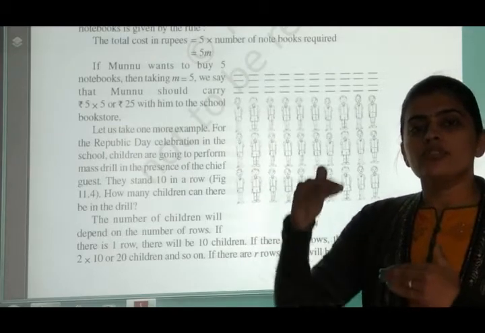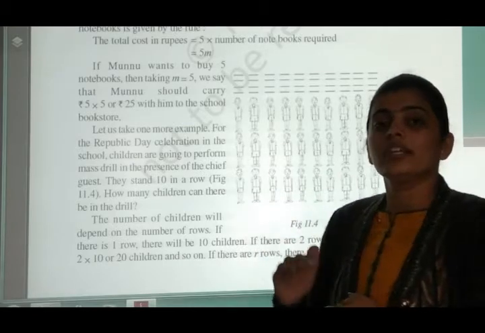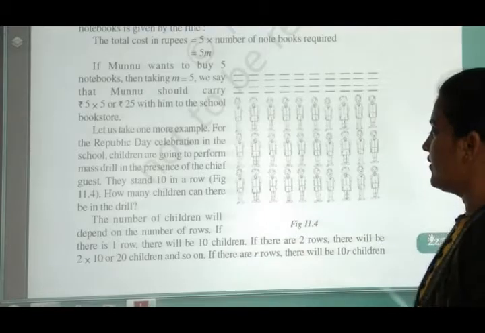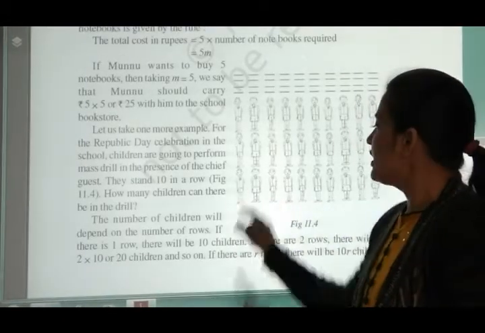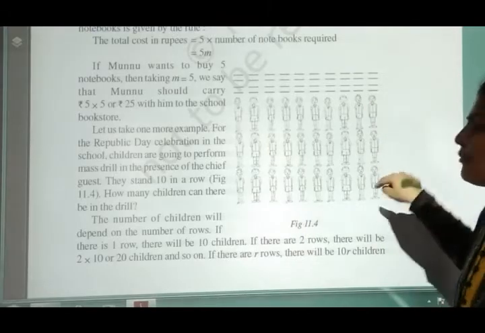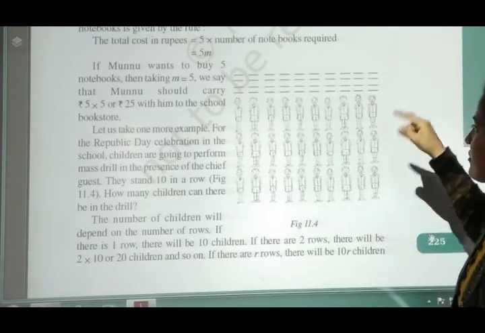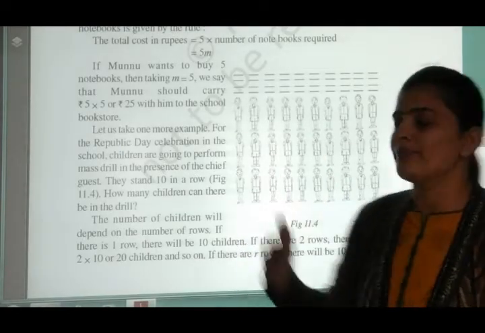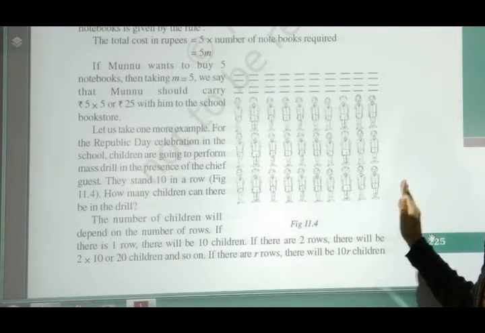Whatever the number of rows, the number of children will depend on how many rows there are. So if there are 2 rows, then obviously, if one row has 10, then 2 rows will have 10 plus 10, 20. If there are 3, then 10 plus 10 plus 10, 30. That means every time we are multiplying by 10. If 1 row, then 1 multiplied by 10, we get 10 students.